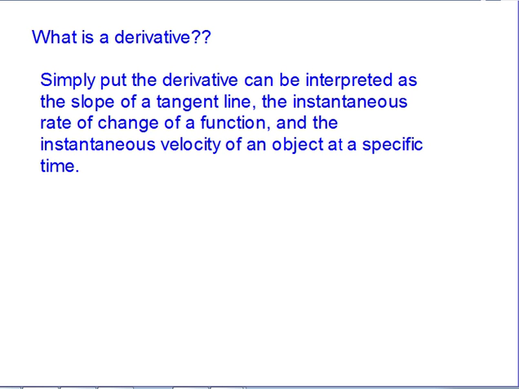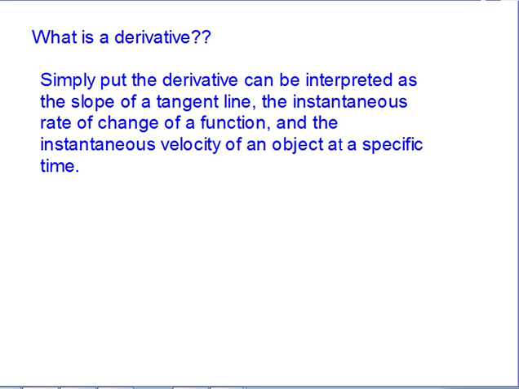So, when we take derivatives, guys, we're talking about one of these three things: a slope of a tangent line, the instantaneous rate of change of a function, and perhaps the instantaneous velocity of an object at a specific time.